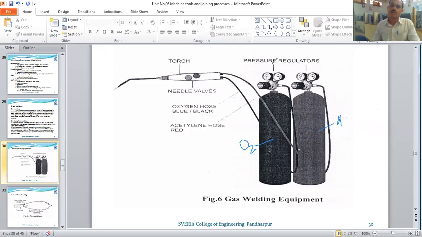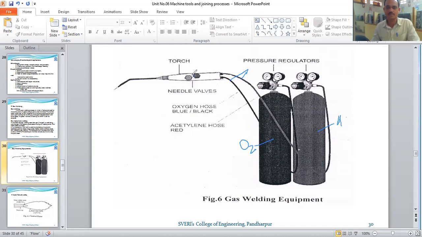Okay. Now here, these are the cables that come out from the cylinder, and here we have this one, what we can say, the gun or the torch. And these are the knobs provided here, or the regulator, by using which we can regulate the flow of oxygen or acetylene.